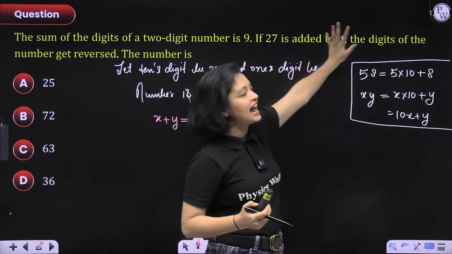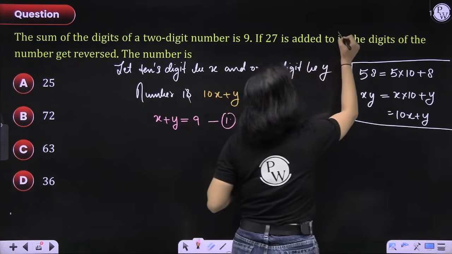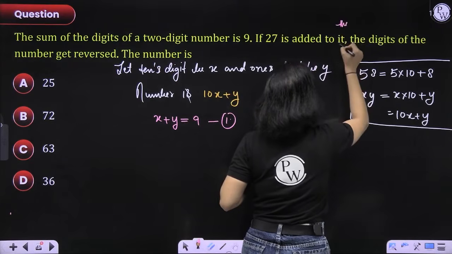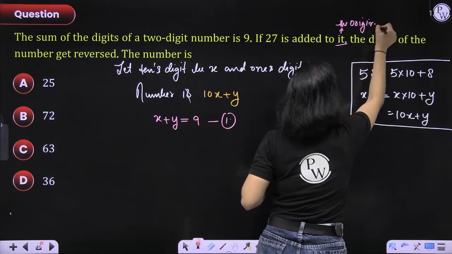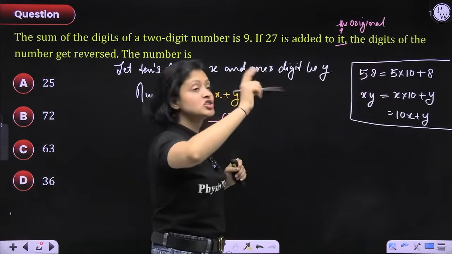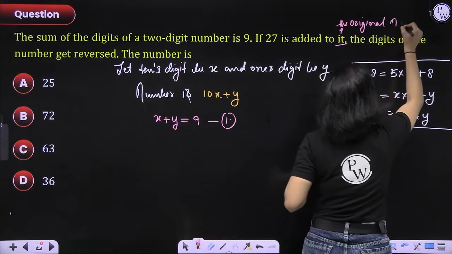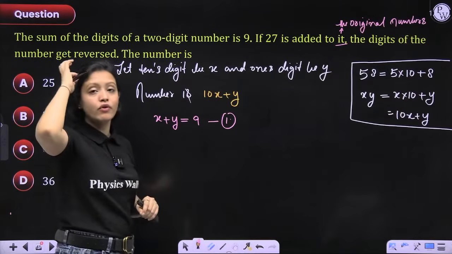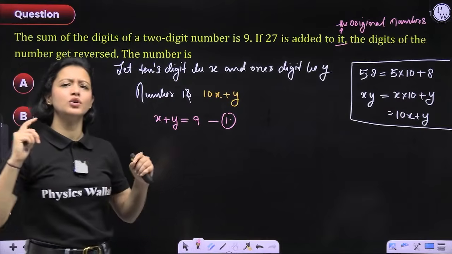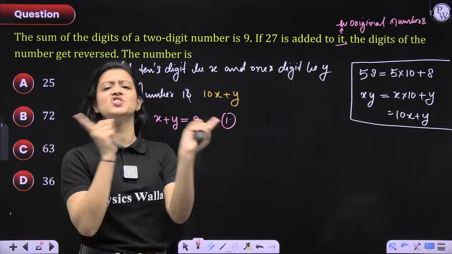If 27 is added to it, added to what? Added to the original number. So, if 27 is added to the original number, the digits of the new number formed would be exchanged. Okay. So, first of all, let me think about exchanging the number. What will happen if I exchange the digits of a number?